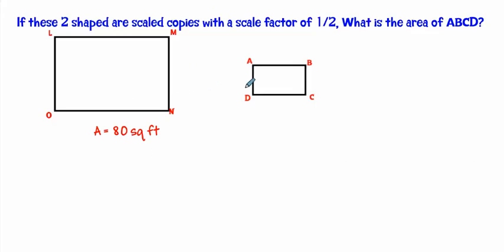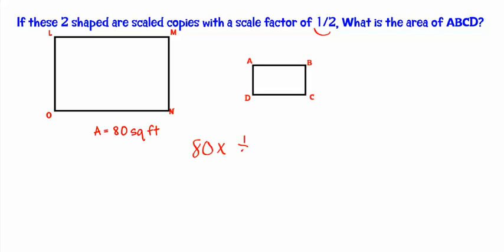Now this one's a little different because it has a scale factor of a half. What is the area of ABCD? Okay, so we're getting smaller this time. Let's take our original area, which is 80, times the scale factor squared.